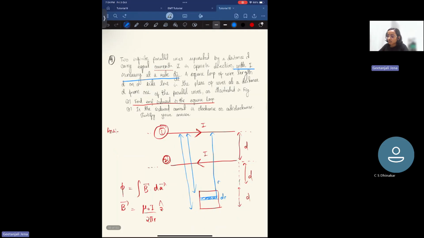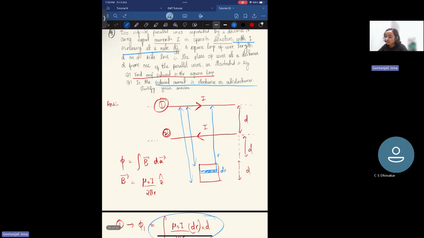For the second case, we need to find out what is the induced current, whether it is in the clockwise direction or in the anti-clockwise direction. So what will be the answer for this? Whether it is clockwise or anti-clockwise.